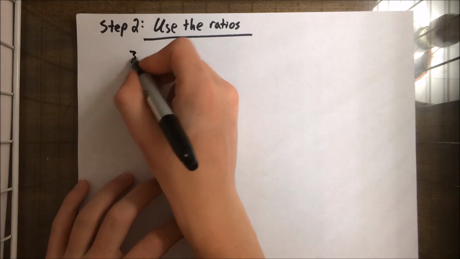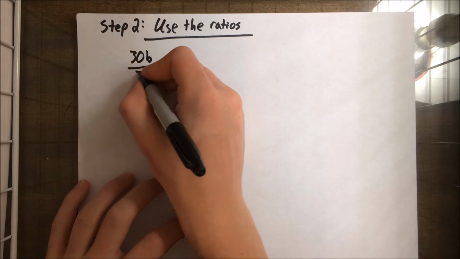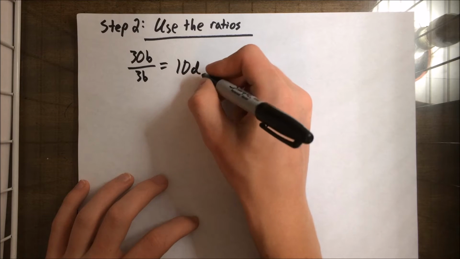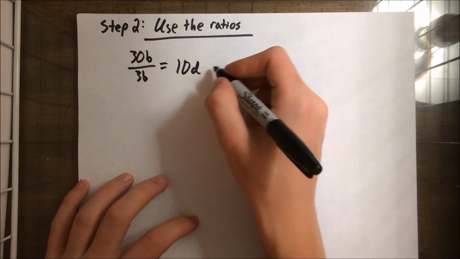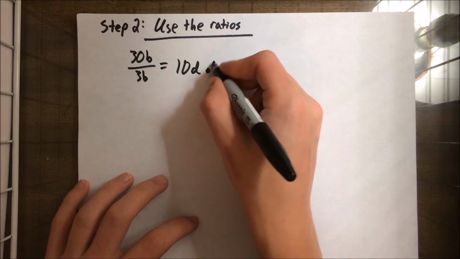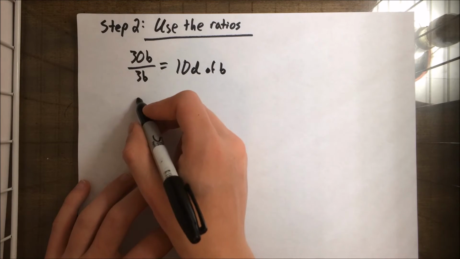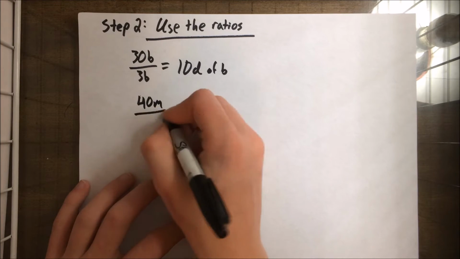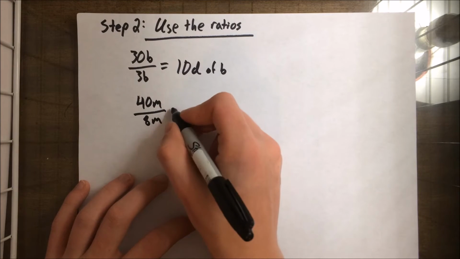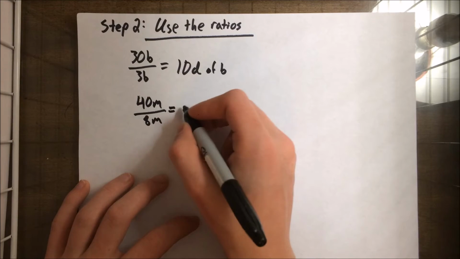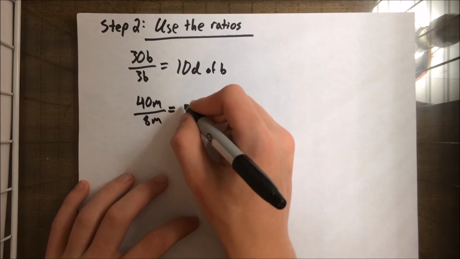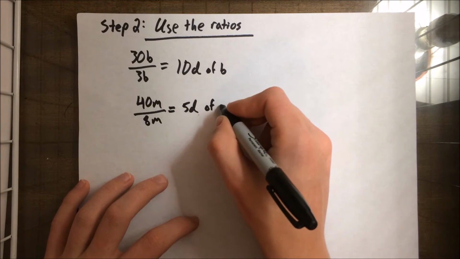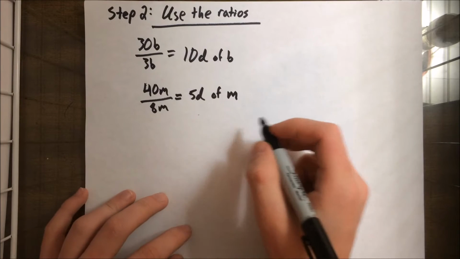So we have 30 bread divided by the number of bread per sandwich, so that's 10 sandwiches worth of bread. Then we also have 40 meat divided by 8 slices per sandwich, so that's 5 sandwiches worth of meat.